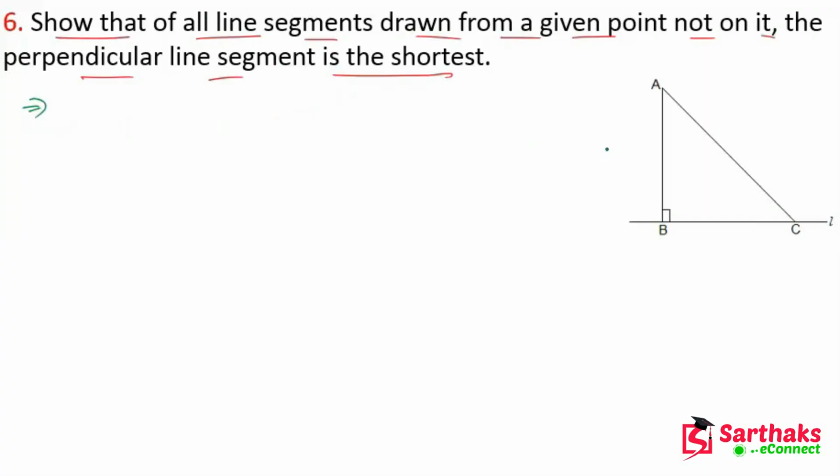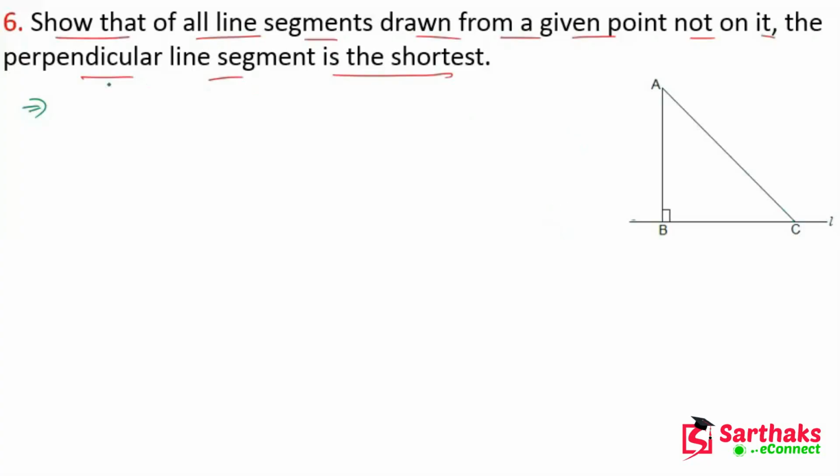First of all, we have line L. Let L be a line, and let B be a point on line L. Now we draw a line AB which is perpendicular to L, and let C be any point on L. We join AC.